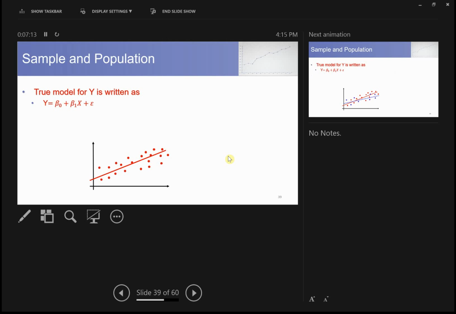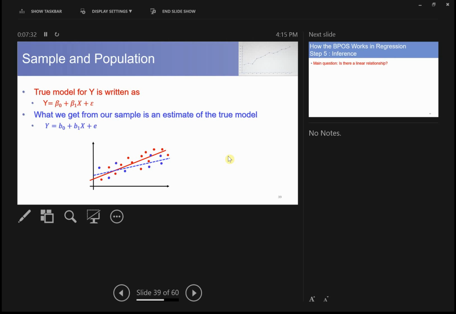So notice some of these dots will become blue. I collect a sample, some of these data values, and I get my estimated regression line. They're not the same, right? And we kind of expect that. We know that the estimates from a sample are never the same as the actual values of the parameter we're trying to estimate. So this is what we get from our sample.